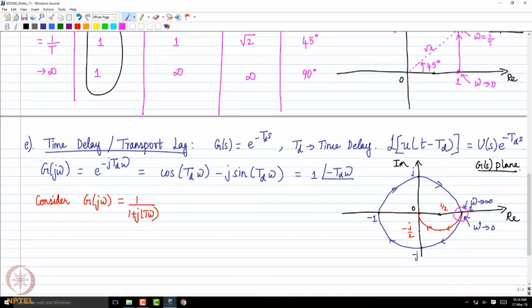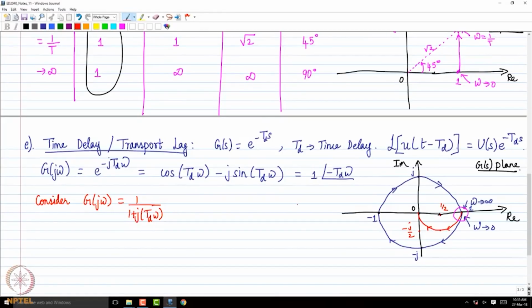Of course, if I want to be very careful, I should say 1 plus j td omega. Oops, sorry, because td is the time delay. So that is what I am doing, I make capital T equals td.